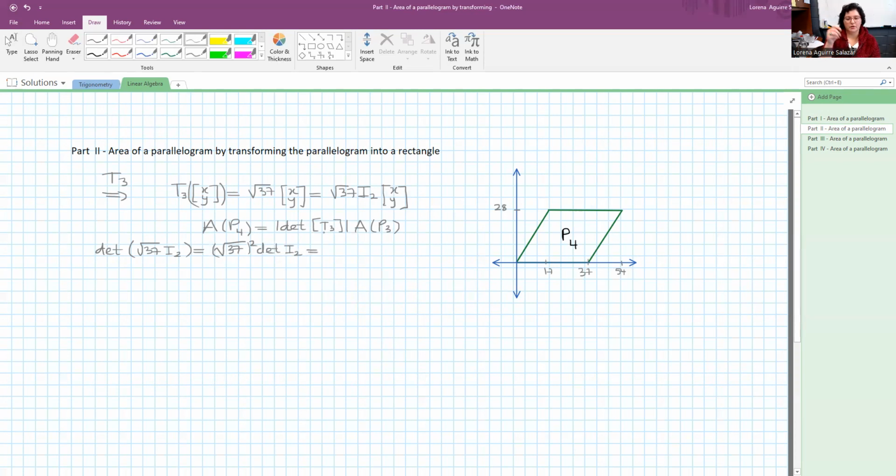We do 1 times 1 minus 0 times 0. So here we get 37. So the area of P4 is 37 times the area of P3.